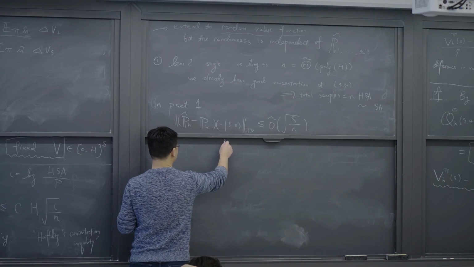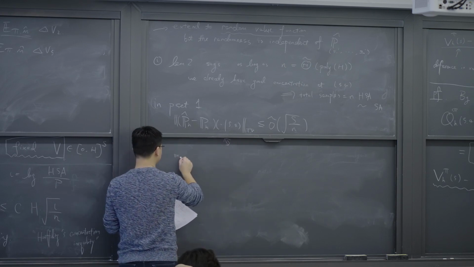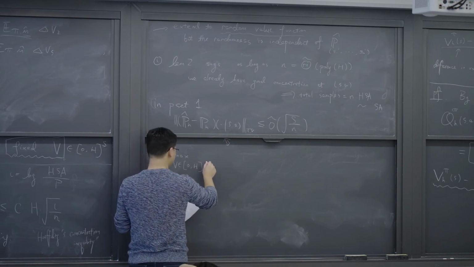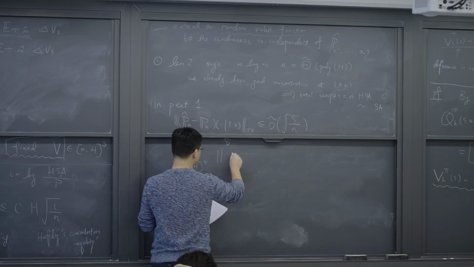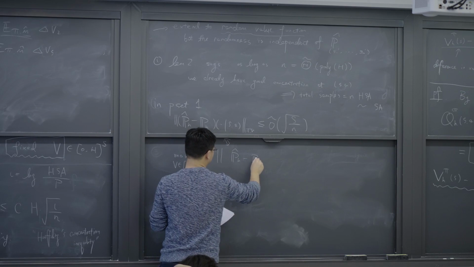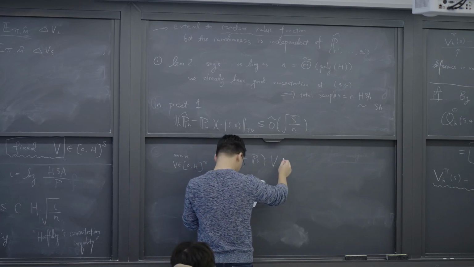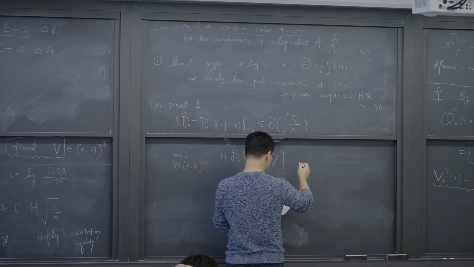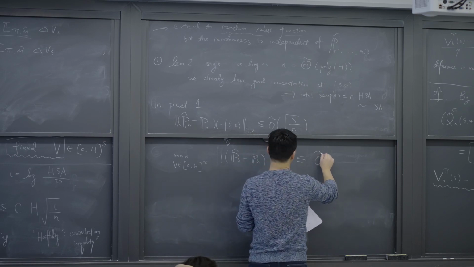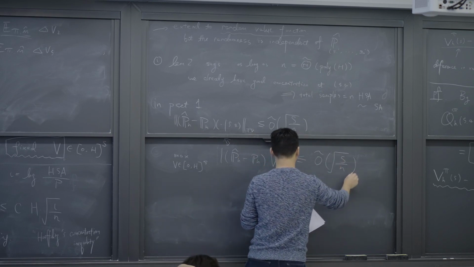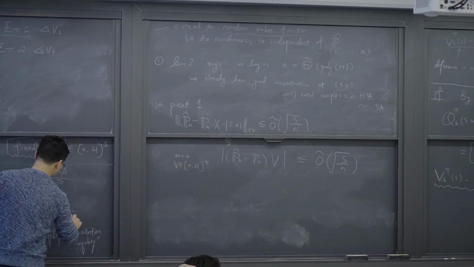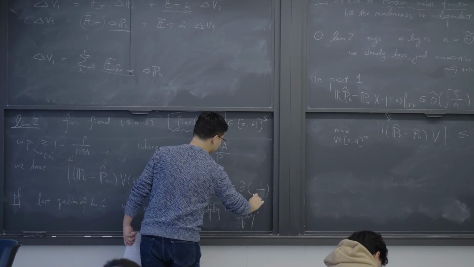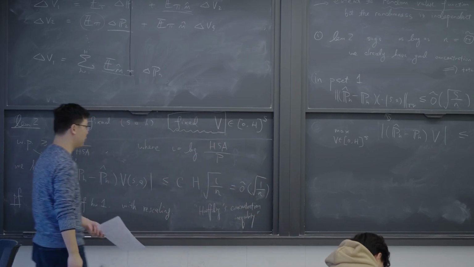This is also equivalent to saying we need the max over V of P hat minus P applied to V to be less than O tilde square root S over N. Whereas here, we only have O tilde 1 over square root of N, ignoring the H dependency.